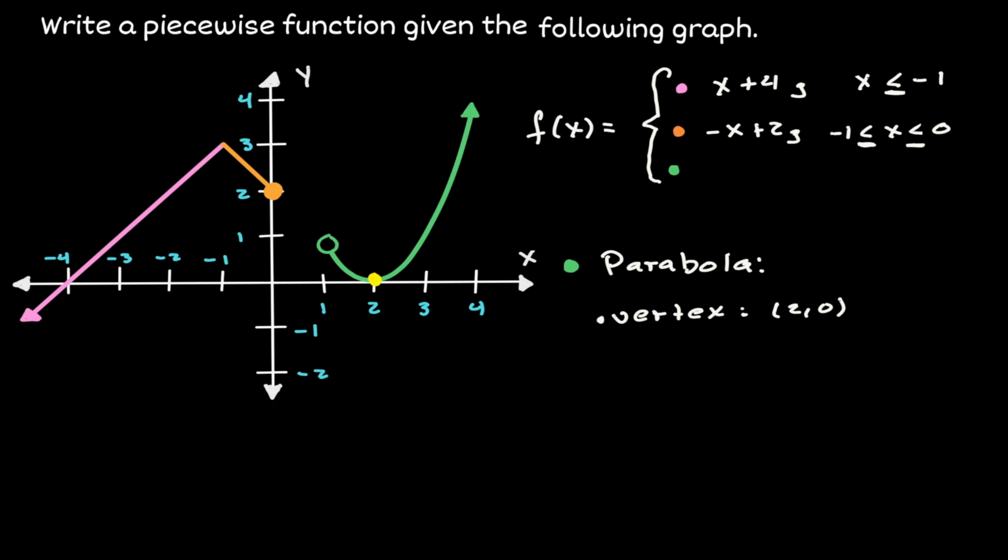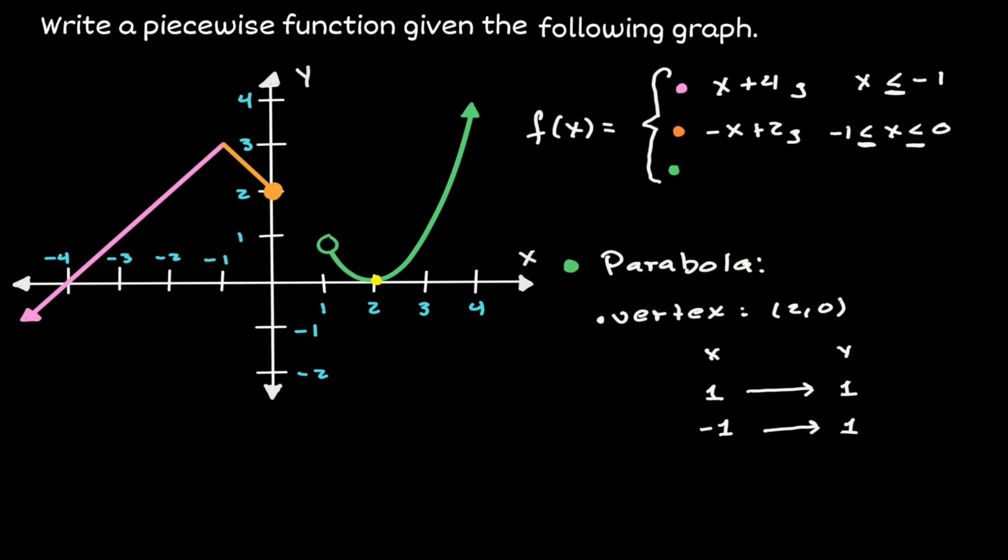If I choose some value of x that is 1 to the right-hand side of the vertex, the y value that I obtain is also 1 value higher from the vertex. And notice that this is symmetrical, because from the vertex, if I choose 1 value to the left, I'm also obtaining 1 value higher from the vertex. So if I choose some value of -1, my y value is still 1.